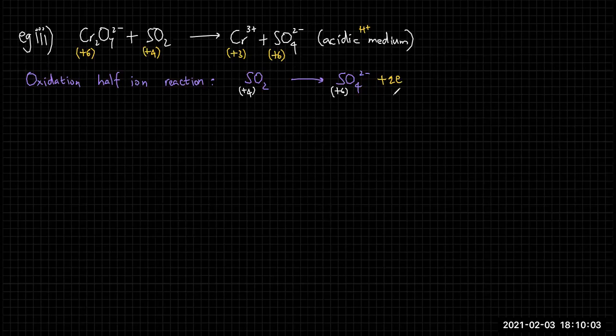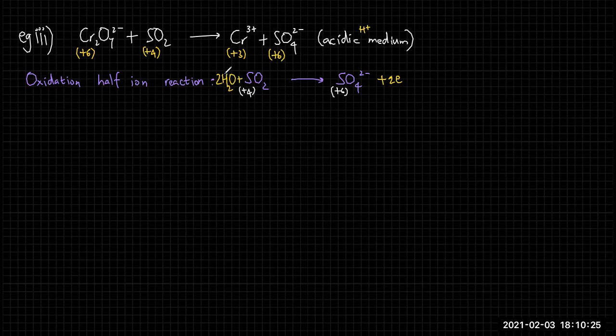And then you can do it in 2 ways. One, you can balance the oxygen atoms. If not, you can balance the charge. So I will balance the oxygen atoms. On the left side, I have only 2 oxygen atoms. But on the right side, I have 4 oxygen atoms. Therefore, I will put 2 water molecules on the left side to balance the oxygen atoms.